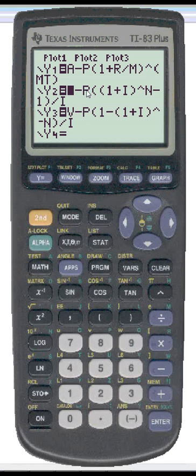F, which is the future value, minus P, the payment, times open parentheses, 1 plus I. I is the interest rate per period, which is R over M, to the power of N, and N is the number of payments, which is the number of compounding periods, which is also M times T, minus 1, close parentheses, divided by I. So for the y2 equation, F is your future value, P is your payment, I is your interest per compounding period, and N is the number of compounding periods.